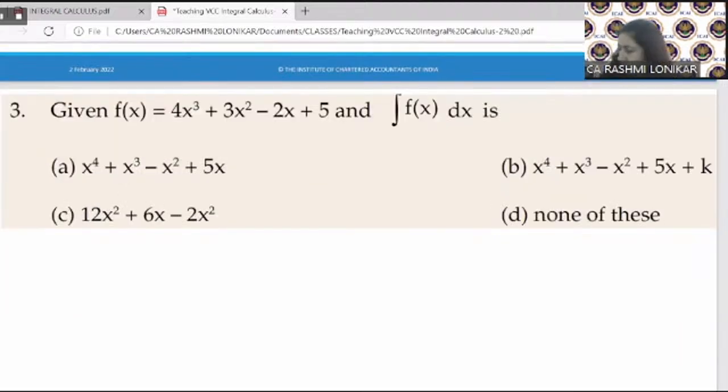Now let us go to the third sum. Yes, Shiba. Yes, Harshita, Bhumika, you got the correct answer. Very good, very good. Mohammed.